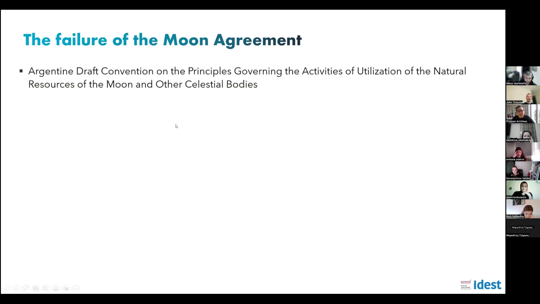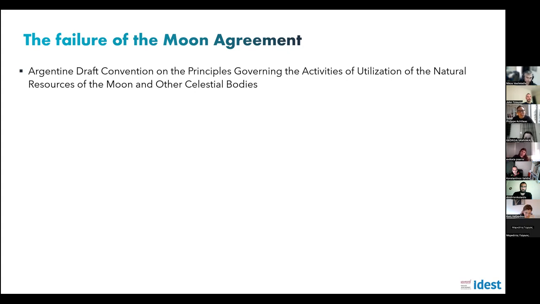So first of all, the Moon Agreement is based on a project supported by Argentina and other developing countries. So the project was sponsored by developing countries in line with the right to development, which was at that period, in the 70s, very important at the UN.